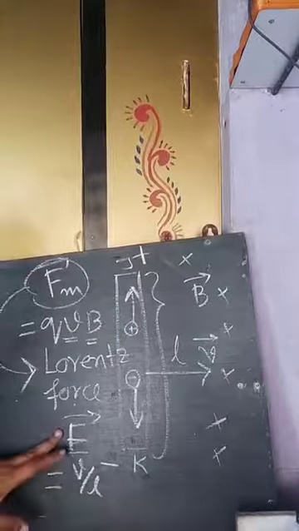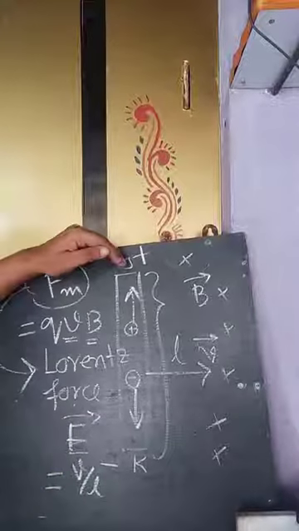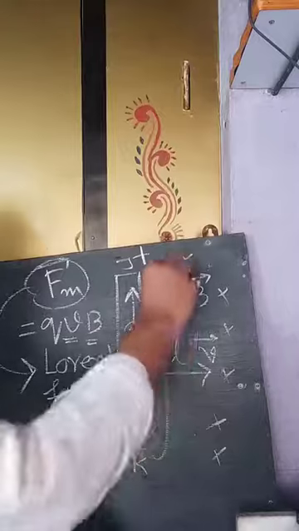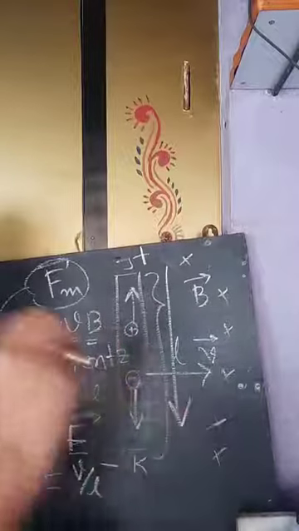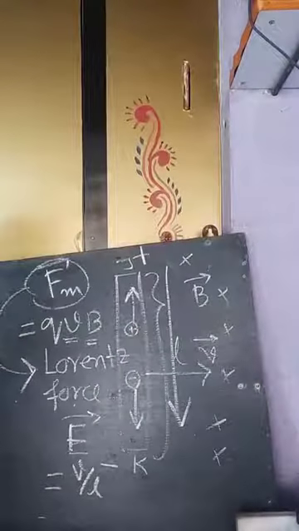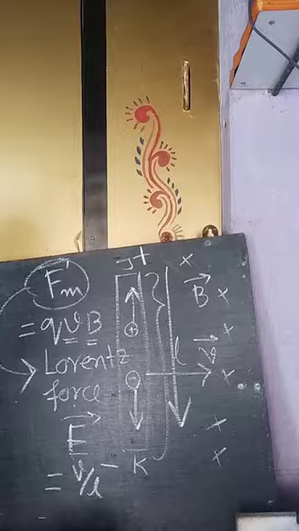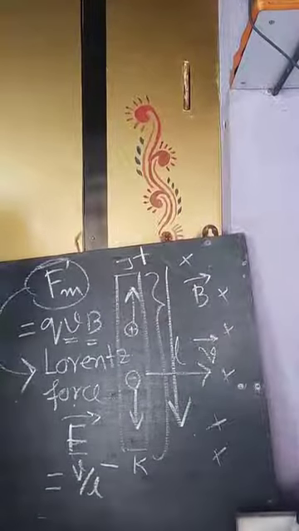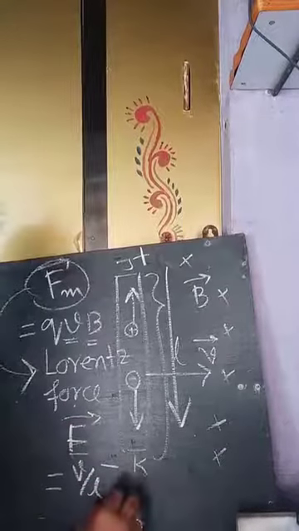The direction of this E is from J to K, as positive to negative always. So the direction of this electric field is positive to negative, and this field E imposes an electric force Fe.